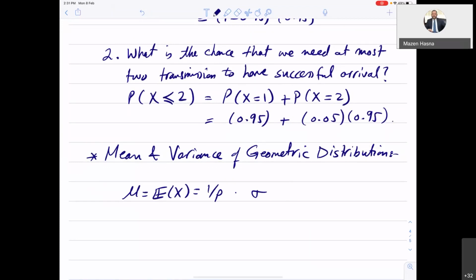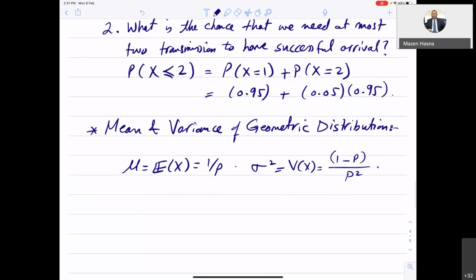And the variance of X is simply given as (1 minus p) over p squared. And again, you can prove those two formulas going back to the definition of the mean and the variance of a random distribution and writing it out.